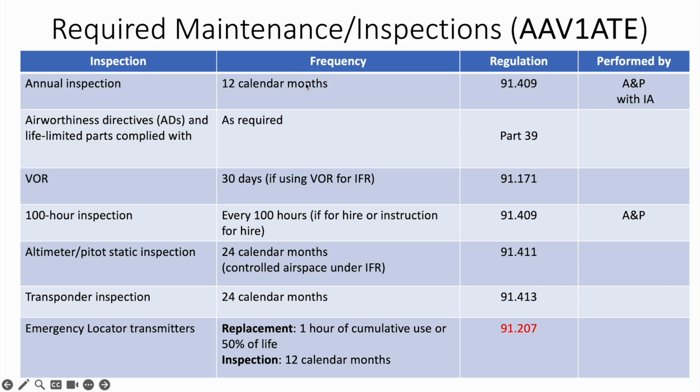So most maintenance or inspections can be done by a mechanic, airframe and power plant mechanic, A&P. However, an annual inspection must be done by an A&P that also holds something called an IA, Inspection Authority.